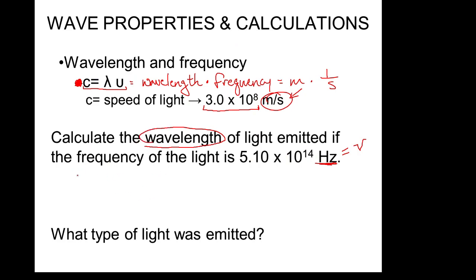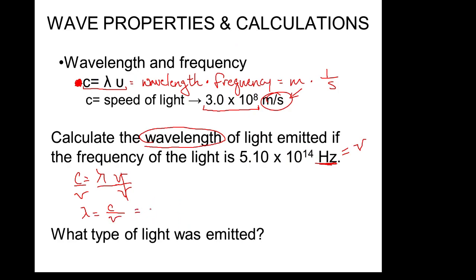I know the formula c is equal to lambda times nu. To solve for lambda, I'm going to divide both sides by nu. My nu's cancel, so I get lambda is equal to c over nu. Now all I have to do is plug things in.